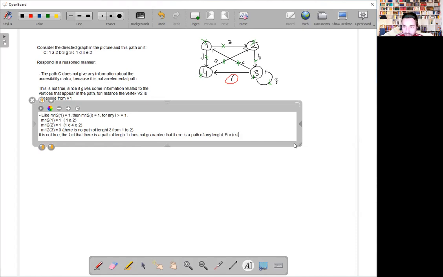For instance, there is no path of length 3 from 1 to 2.